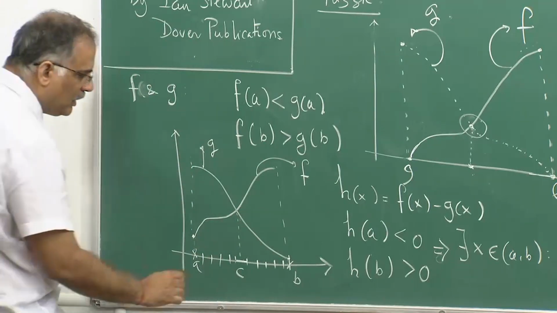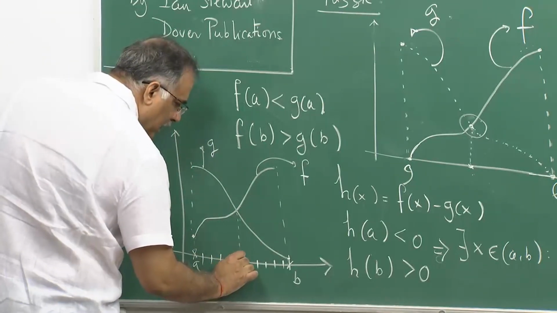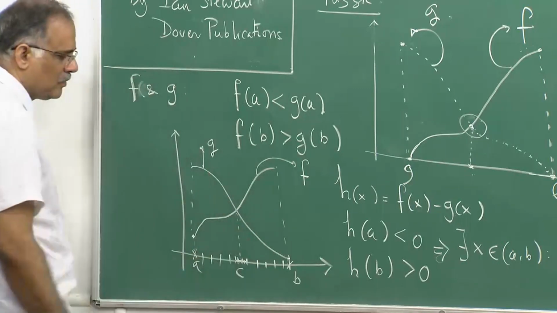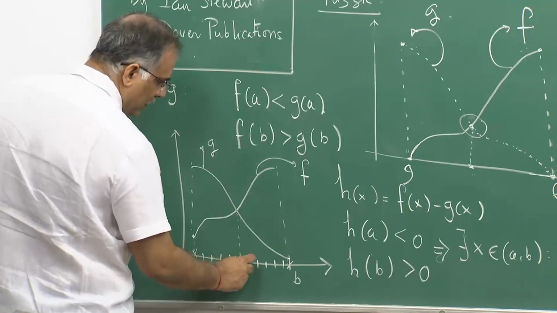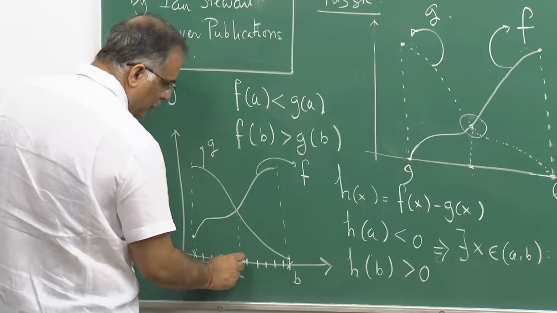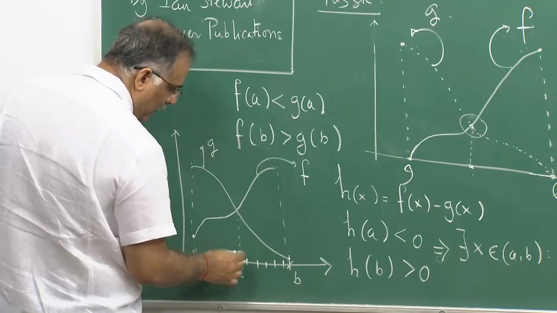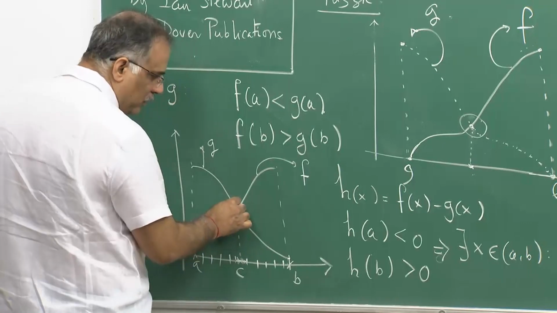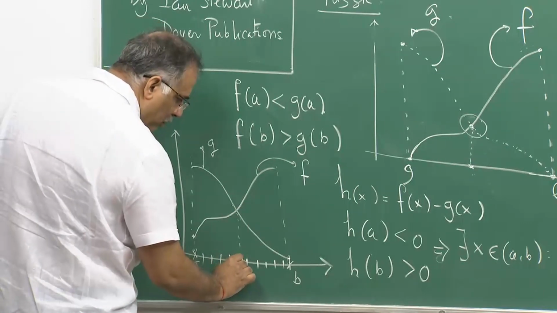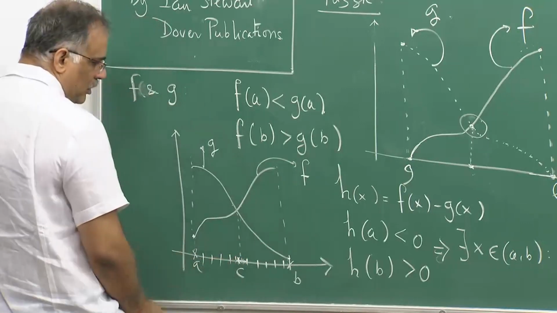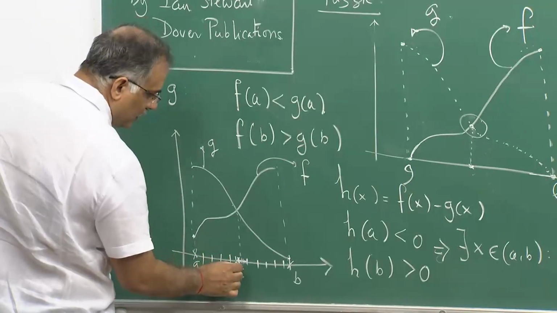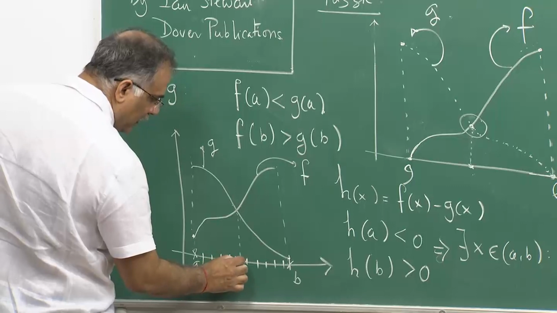Keep on dividing, now divide that interval again, and among that interval first find the interval where again f value is less than g value. So, you make this interval smaller and smaller.